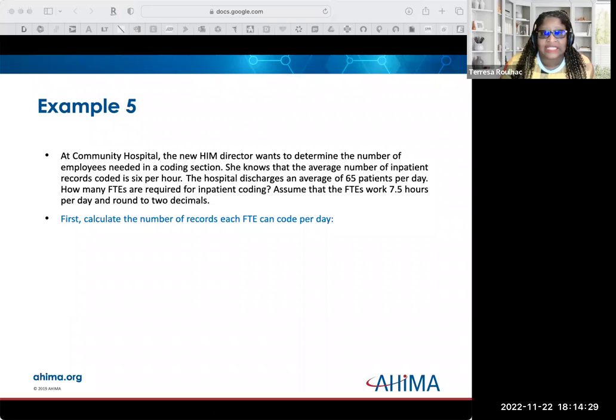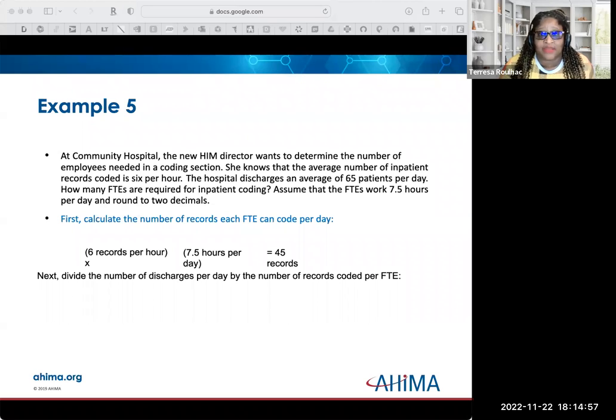How many FTEs are required for inpatient coding? One thing we have to assume is that the FTEs work 7.5 hours per day, and then we have to round that number to 2 decimals. So we have 6 records per hour times 7.5 hours per day equals 45 records.